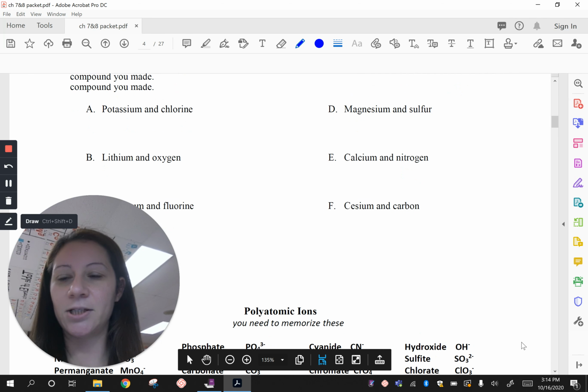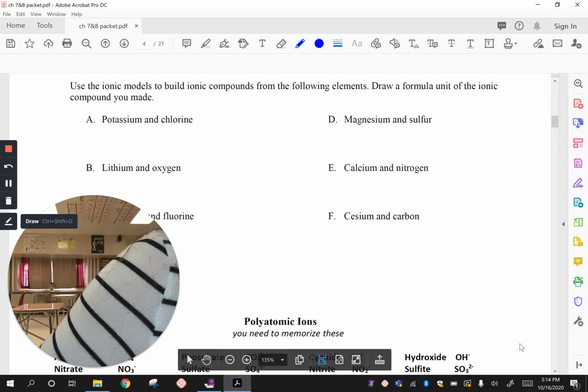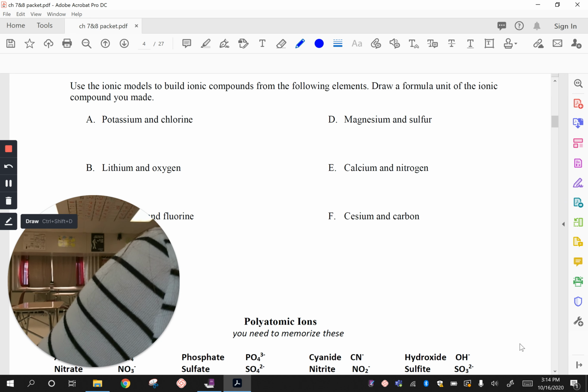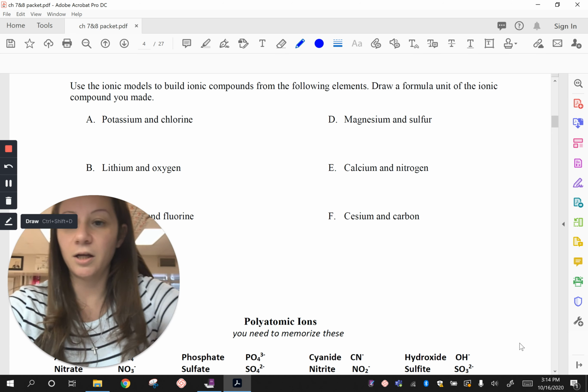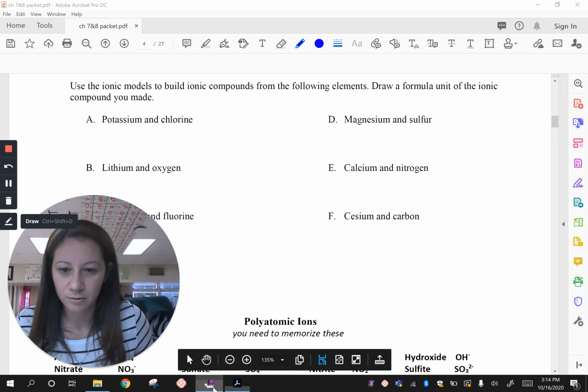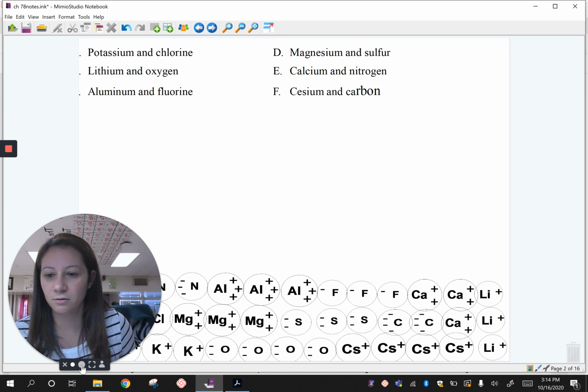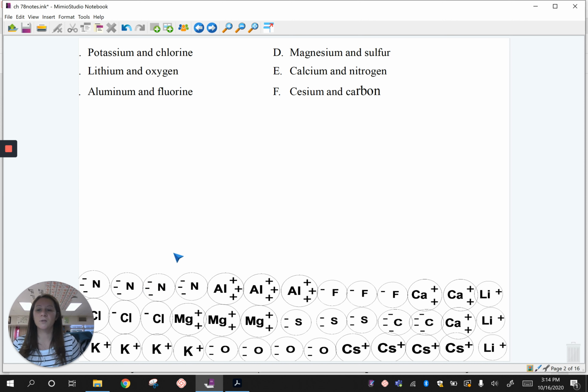All right, so if you were in class, we would use ionic models to build ionic compounds. So let me show you what that means. You would be given these right here. They'd be printed out. And let's say you want to make potassium chloride.